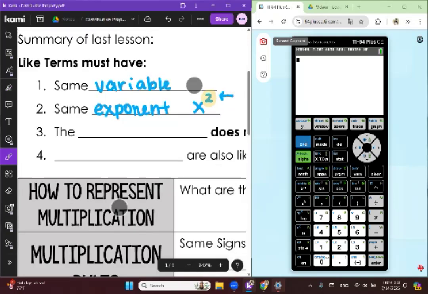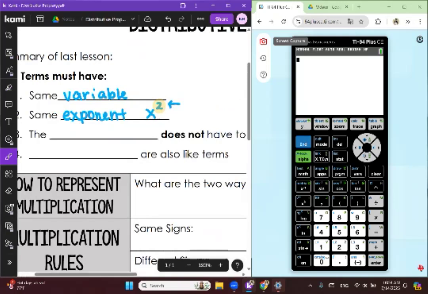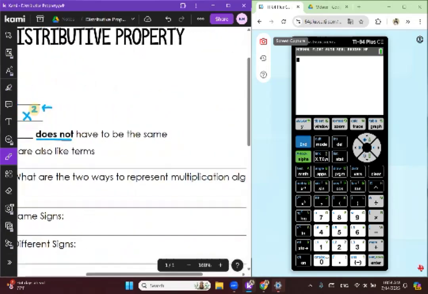What does not have to be the same? Let's look at an expression that I like to use: 2x plus 3x. These are like terms. What do you notice is different about them? The number in front.